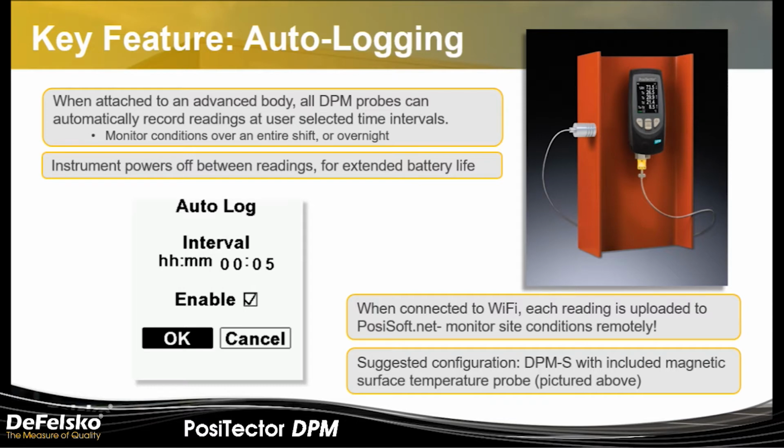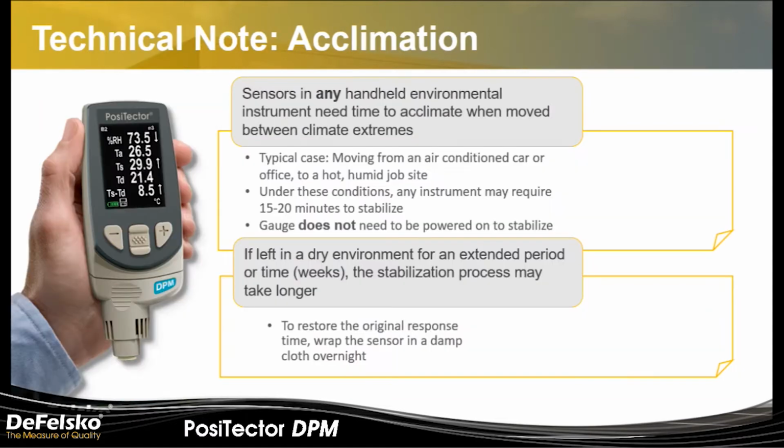Additionally, if the advanced gauge body is connected to Wi-Fi, each reading is uploaded to posisoft.net, and our PosiSoft desktop software now has the ability to remotely monitor these readings as they are taken. So that's a new feature. The auto log feature is one of the best features of the PosiTector DPM, and it's a very powerful monitoring tool when you actually don't want to have an employee sit and monitor your environmental conditions.